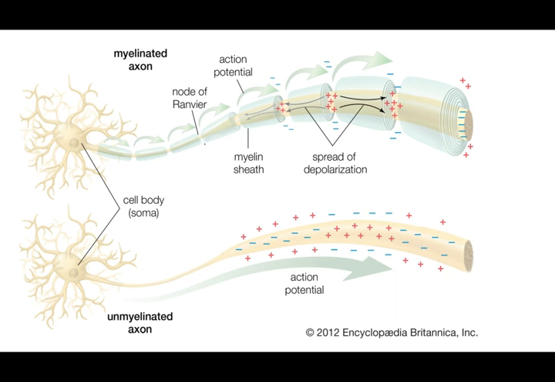The action potential kind of jumps in between each of those nodes of Ranvier that we labeled before. And so when the action potential is occurring, it ends up happening more quickly because it's skipping over those little sections of insulation and we're able to send signals more quickly.